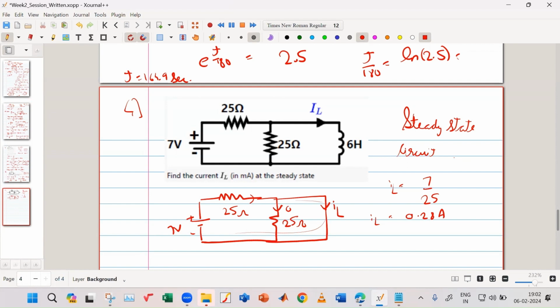Current division happens, and since this resistance is 0, all the current will flow through this path and none through the other. So this is 0 volt, this also is 0 volt. If I take KVL, I get current is 7 minus 0 upon 25, that comes out to be 0.28 ampere.